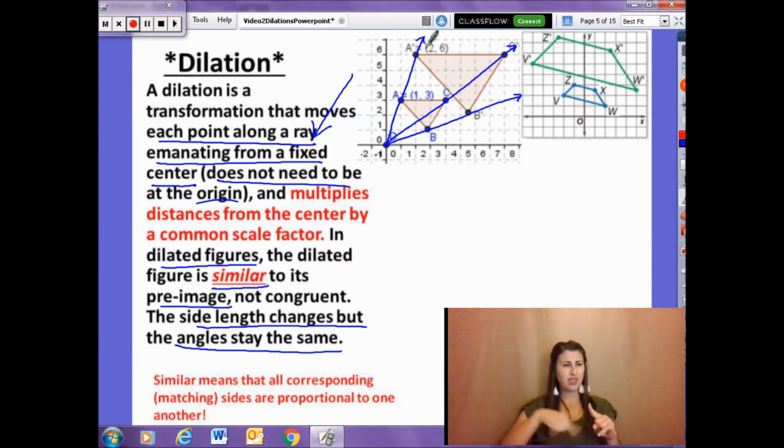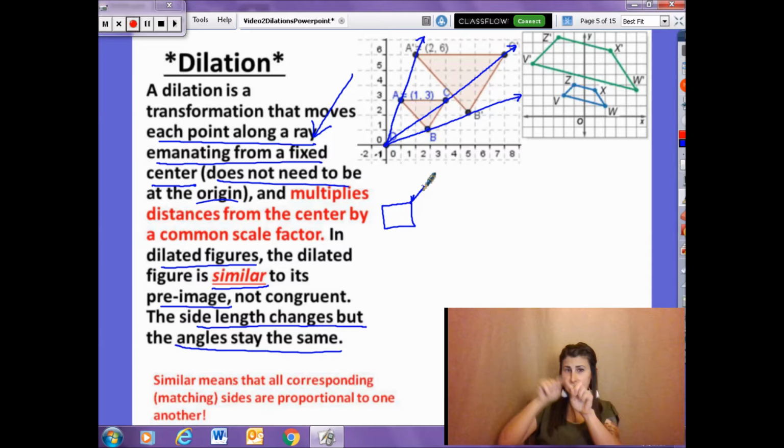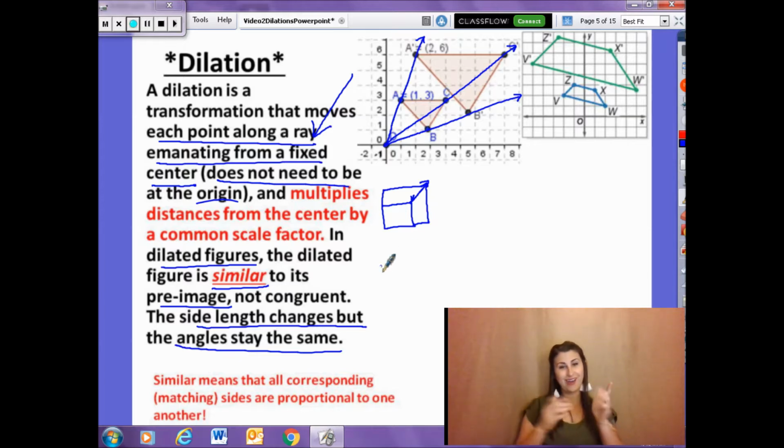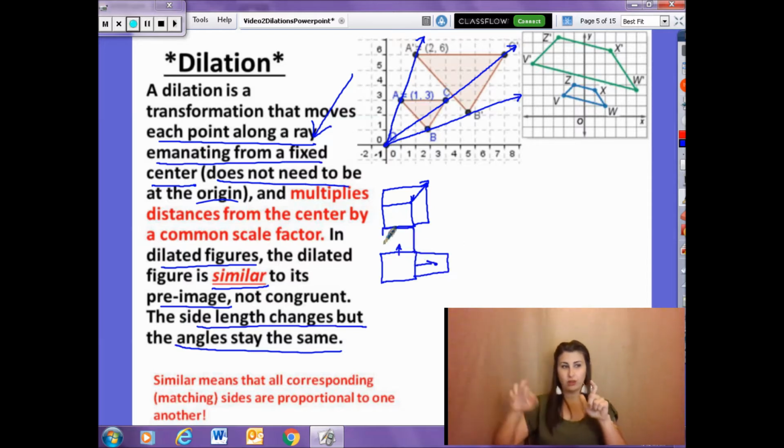Think of an image that you may put in a Word document. Say that's the picture in the Word document. If you were to click right here and make it bigger, usually the whole thing will get bigger in a proportional way. But a lot of times now that feature is disabled, so if you were to move it from here, just this side will be longer, or if you were to move it from here, this side will be taller.